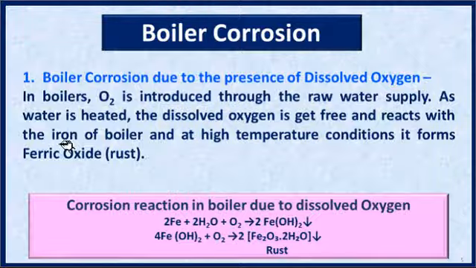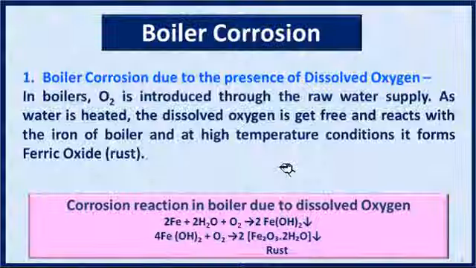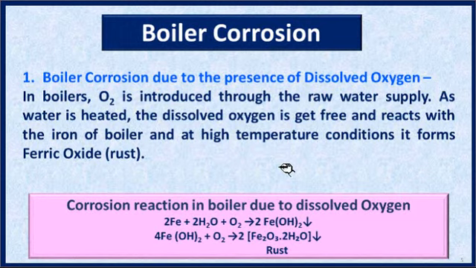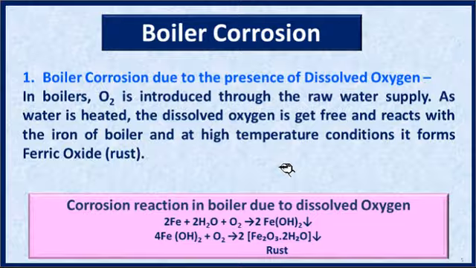So basically we know that in a boiler, water is converted into steam, and for this steam conversion we have to increase the temperature of the boiler feed water. When we increase the temperature of the boiler feed water for steam generation, the dissolved oxygen is freed due to the higher temperature.